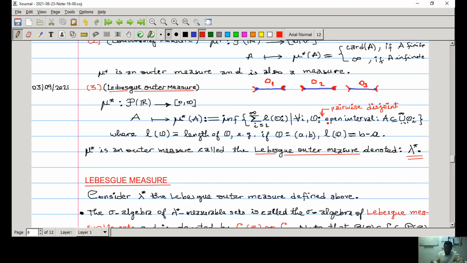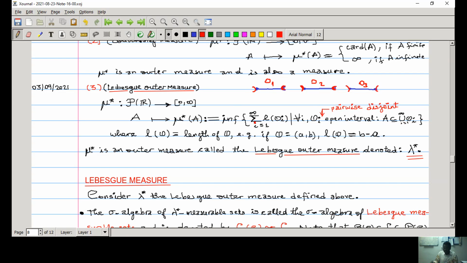Yeah, this open interval, because there could be many. There could be many because you can say that this is a covering of A. There are infinitely many covers. So among the covers, you take the one that will give you the smallest summation. You compute the summation for a particular covering, then for a different covering.